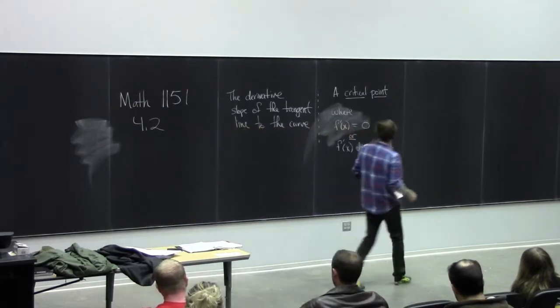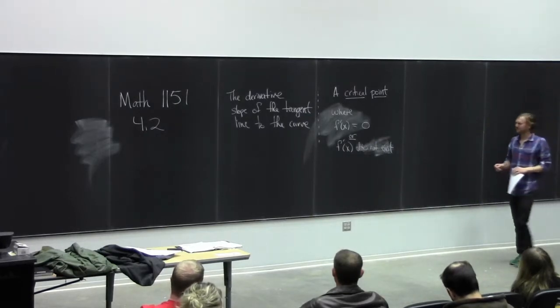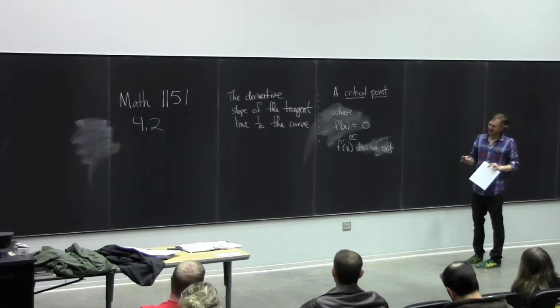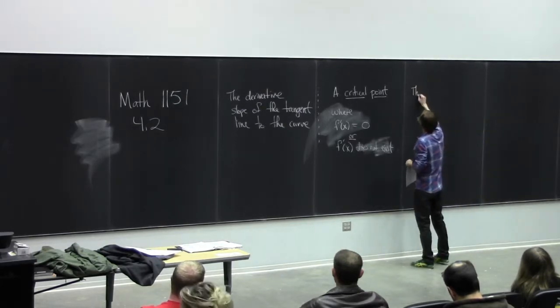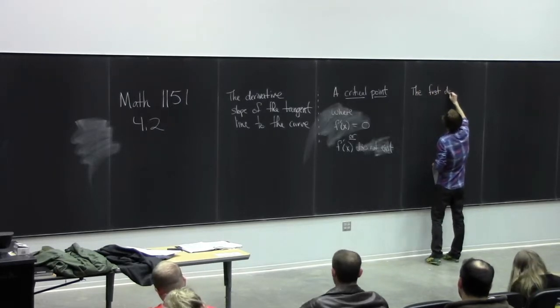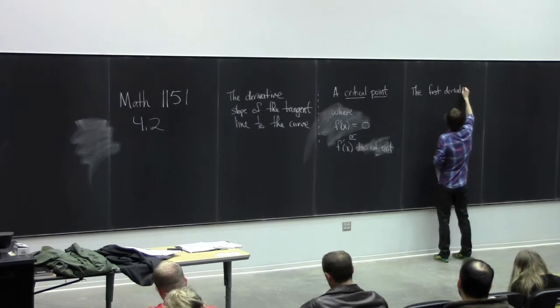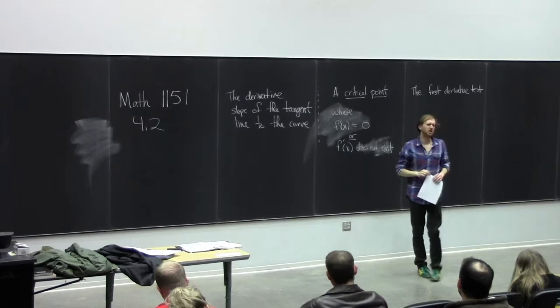Now, there's something called the first derivative test, and to be honest with you, I'm a mathematician, but I don't do calculus all that much, and I had forgotten what it was. And then when I read it, I rolled my eyes. So the first derivative test, and this I don't think you need to know word for word.